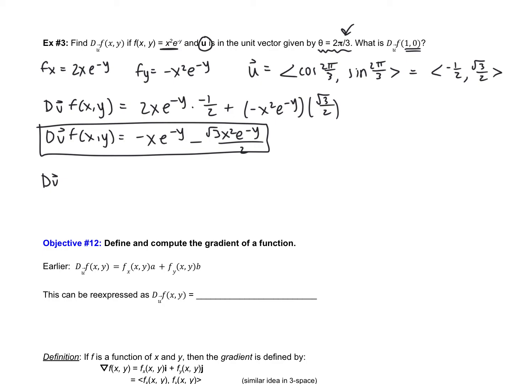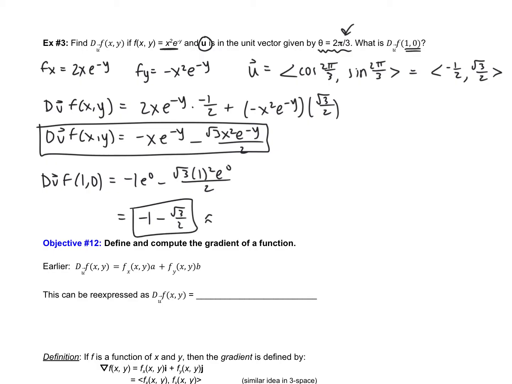So now if I want the directional derivative specifically at the point 1, 0, I'm going to get negative 1 e to the 0, subtract root 3, 1 squared e to the 0 over 2, which gives us negative 1 subtract root 3 over 2. And if you're curious, that is approximately negative 1.866.